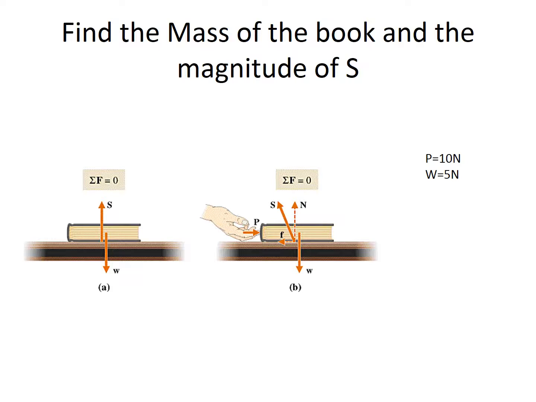The first concept I want to introduce has to do with what's called the normal force. So the idea behind the normal force is the book has some weight, which in this case is 10 newtons, and it is pushing down on the surface with that force.